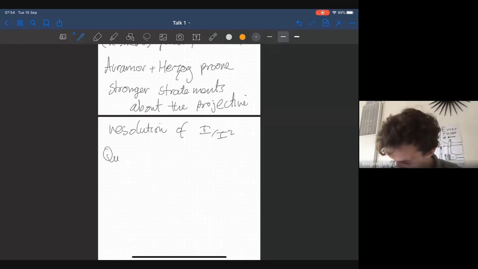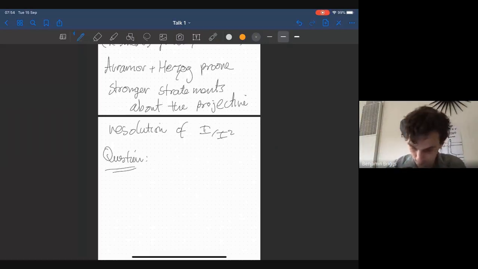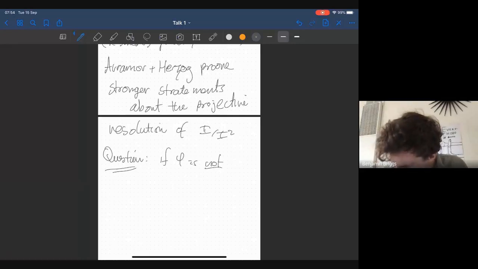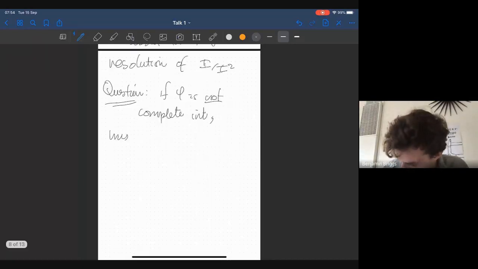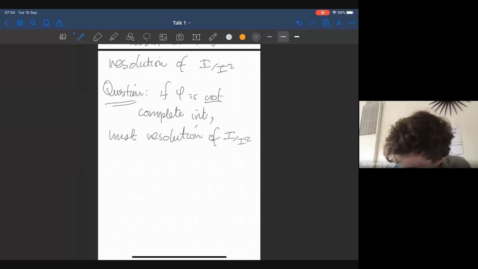So let me state that as a question, which is still open. If phi is not a complete intersection, must the resolution of the kernel module have maximal growth?